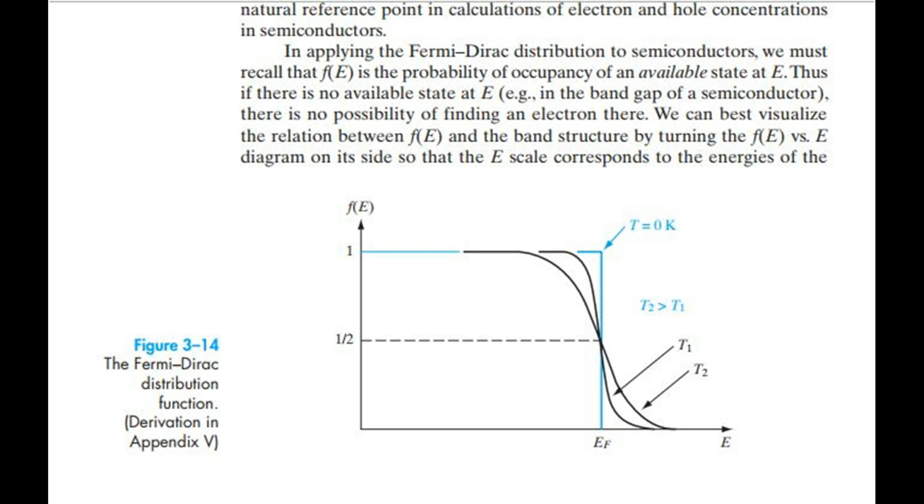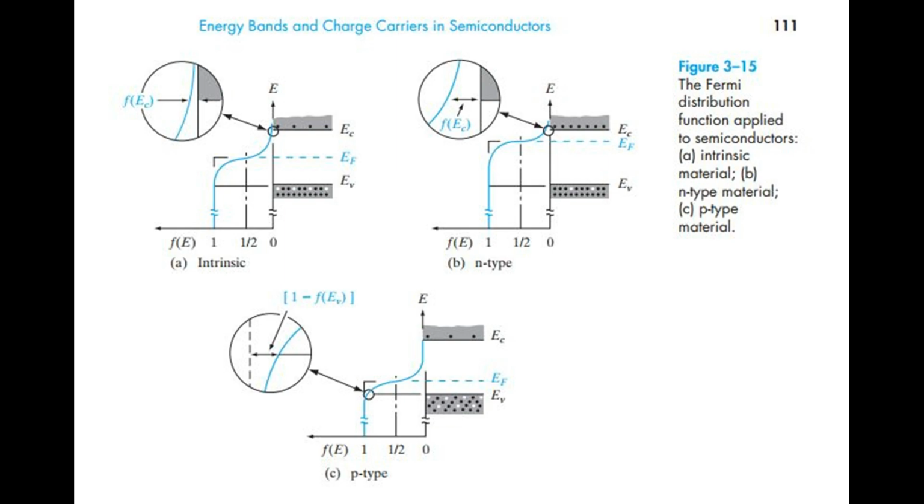The distribution function has values within the band gap between E_V and E_C, but there are no energy states available, and no electron occupancy results from f(E) in this range. The tails in f(E) are exaggerated in Fig 3.15 for illustrative purposes.